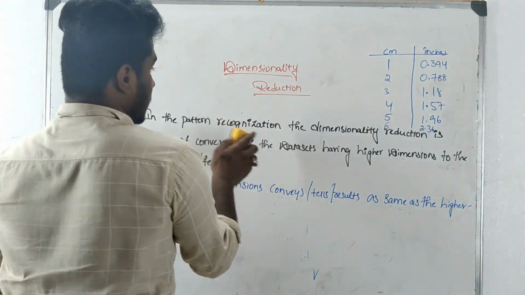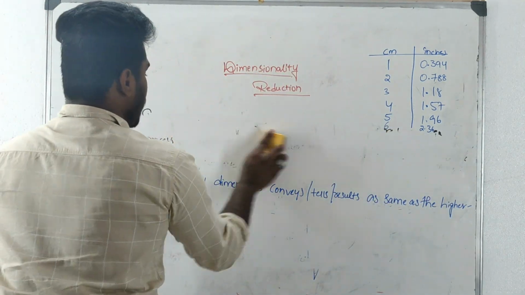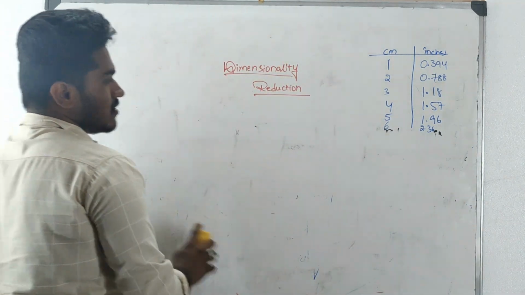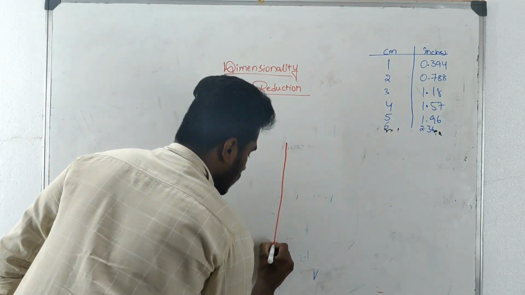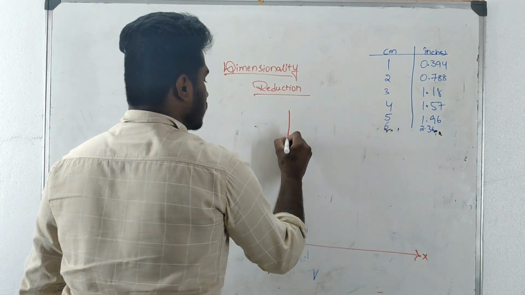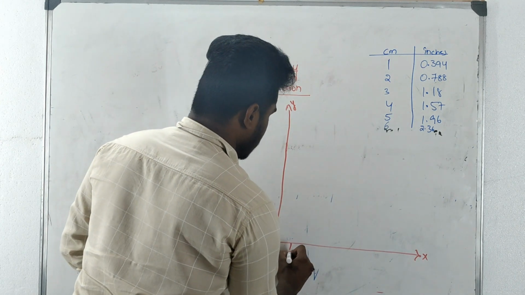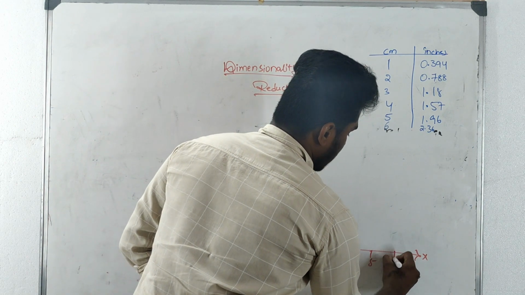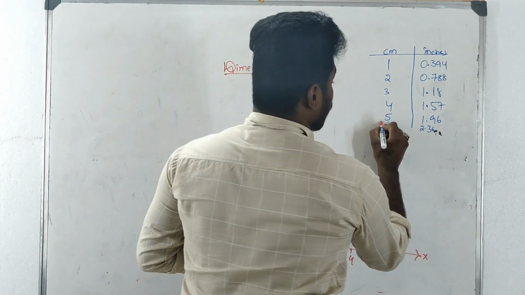I'll erase this and frame a graph for it. This is the x-axis and this is the y-axis. On the x-axis I'm going to take the centimeters 1, 2, 3, 4, 5 and 6. I'm going to plot the data only up to 5.